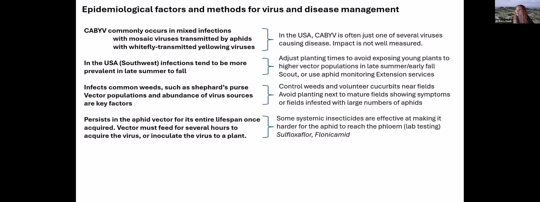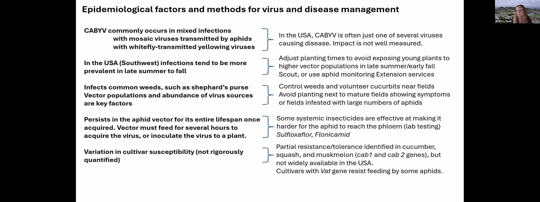The best idea would be to consult your local extension agent about the possibility of using some of these in your management practices. There's also variation in cultivar susceptibility, but this is not rigorously quantified for this virus. A couple of genes have been identified to confer partial resistance and tolerance, but they're not widely available yet.